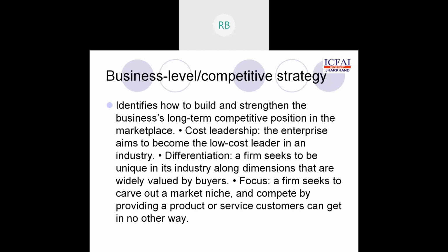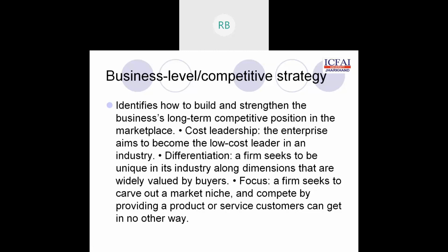Now, business level and competitive level strategy identify how to build and strengthen the business long-term competitive position in the marketplace. Cost leadership: enterprise aims to become the low-cost leader in an industry. Differentiation: a firm seeks to be unique in its industry along dimensions that are widely valued by buyers.